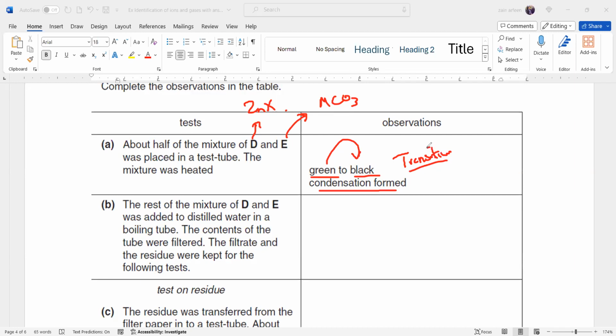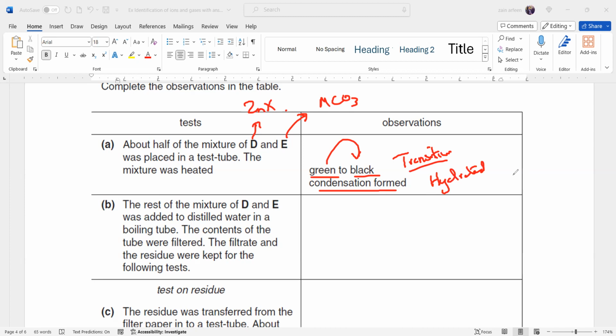Condensation formed. So whenever we heat a salt and we observe a condensation form near the mouth of the test tube, what does this give an indication of? This gives an idea that this is a hydrated salt or contains water of crystallization.